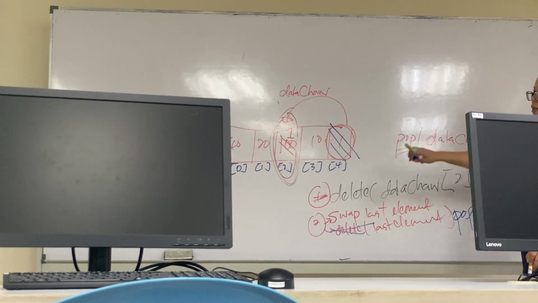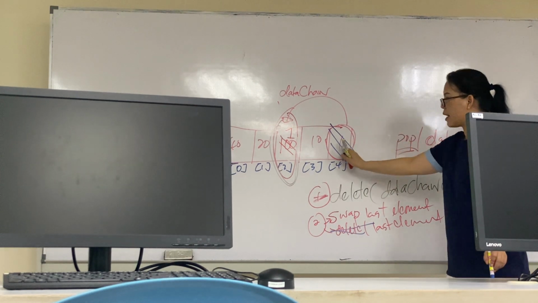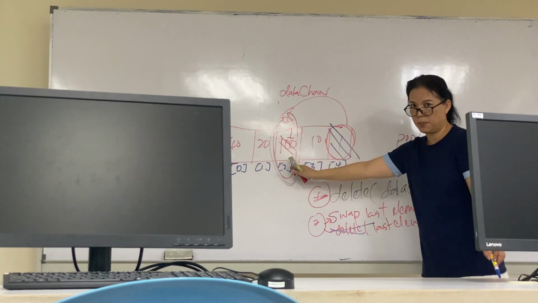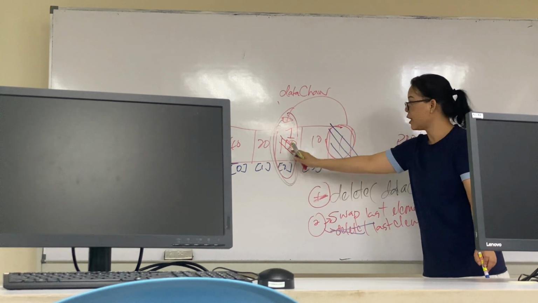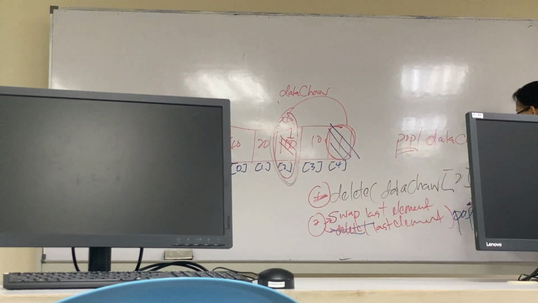So that is the second method: swap and delete. The last element's data moves to the place that you want deleted. After that, here there is data 1, here also 1. And you use the pop method because you need to reduce your array size back.